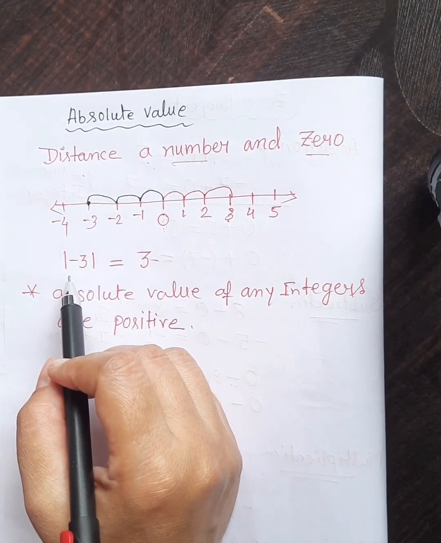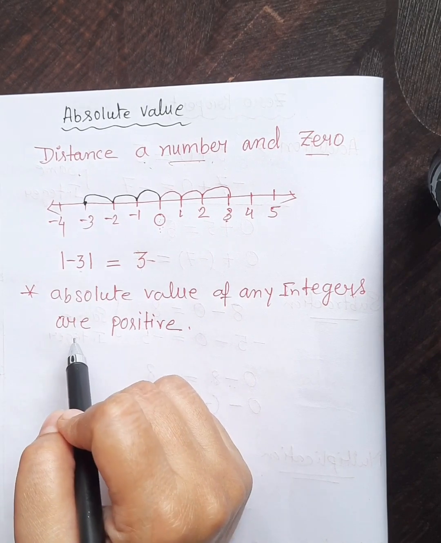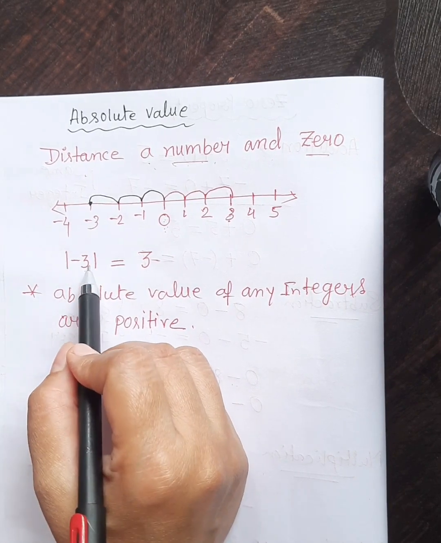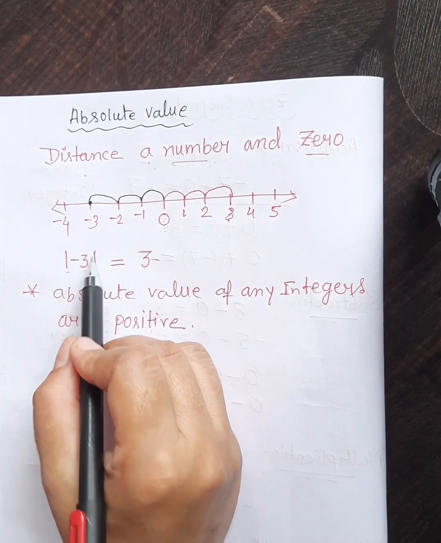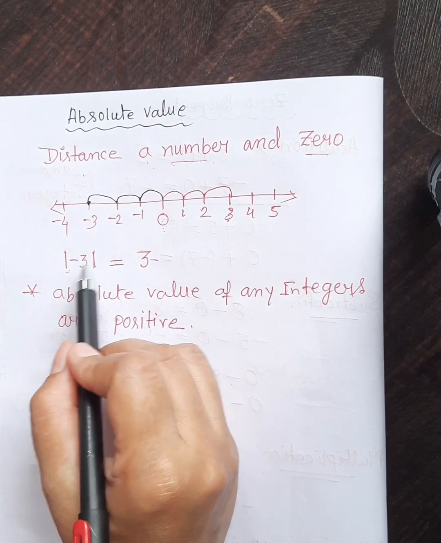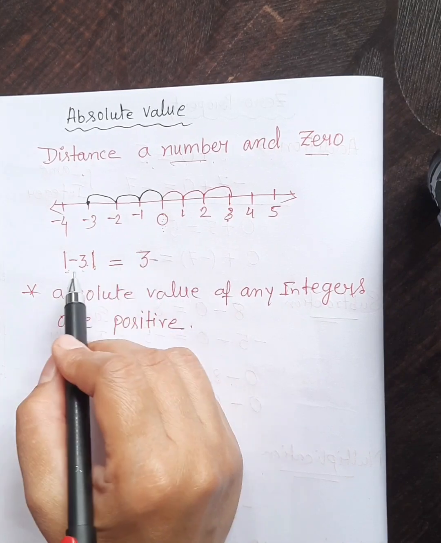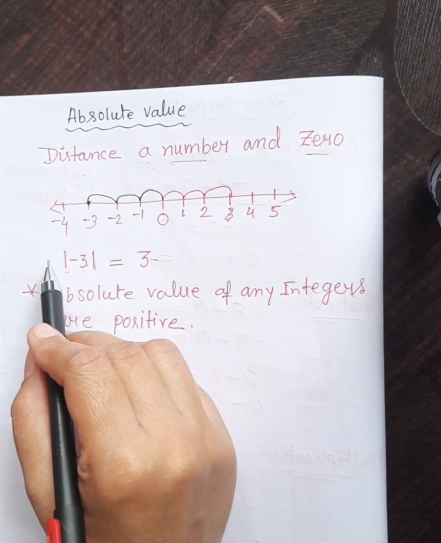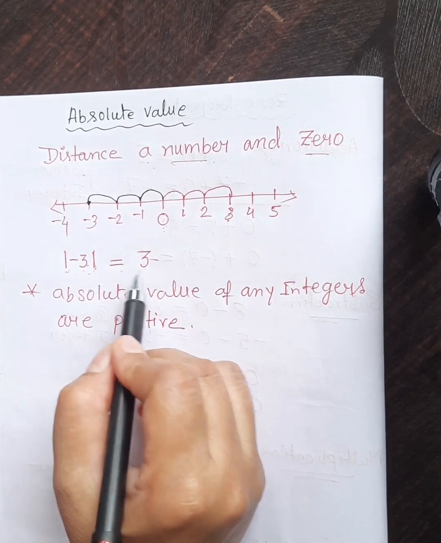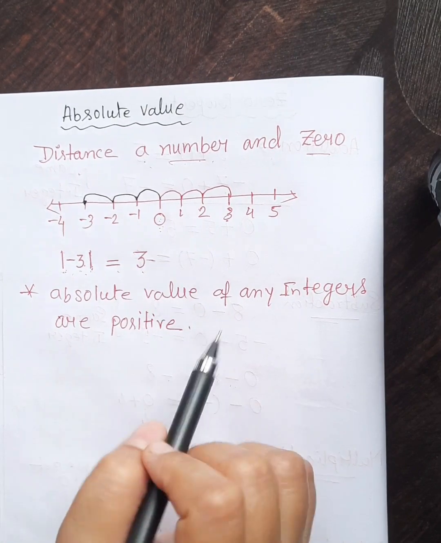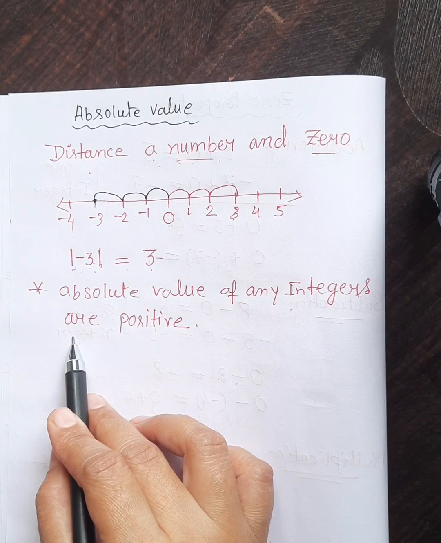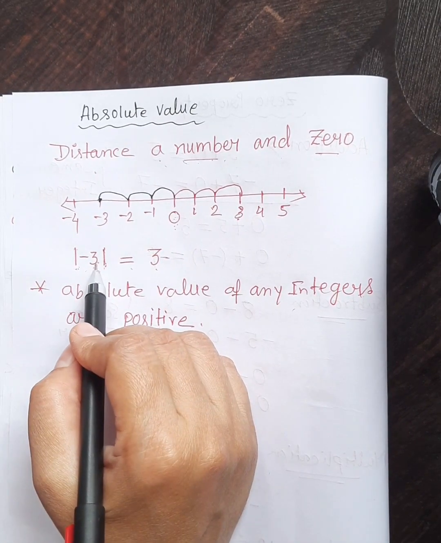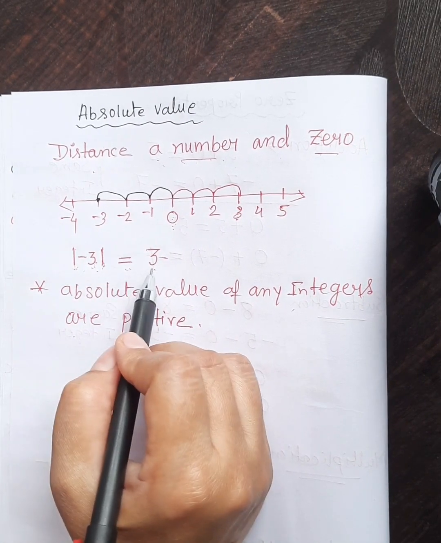The question is to find the absolute value of minus 3. And the absolute value of any integer is denoted by two vertical lines. Okay. This is the symbol. So the absolute value of minus 3 equals 3. Why? Because absolute values are always positive. So the absolute value of minus 3 is always 3.